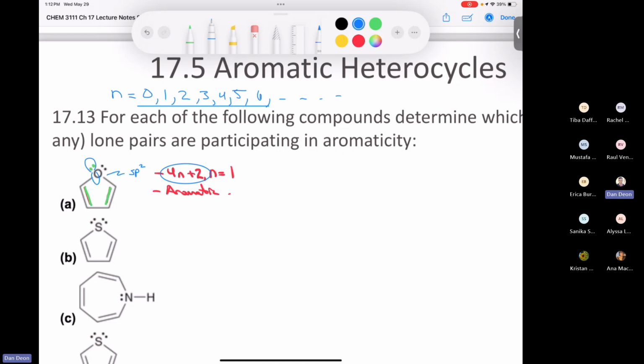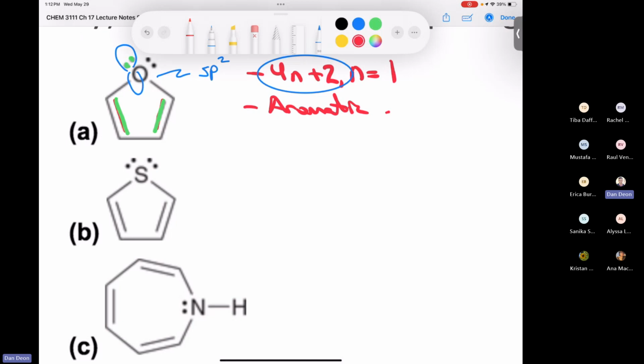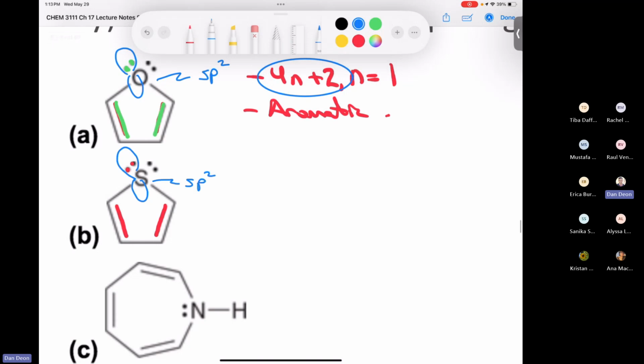Okay, so let's look at the next one. I actually went over this one with you the other day. If we look at our electrons, we have 1, 2, 3, 4. If we were to put 2 of the electrons on the sulfur, there's 2 lone pairs, but if we put one of the lone pairs in a p orbital and change the hybridization of this sulfur, which looks like it should be sp3, but if it was sp2, which would make sense because then these electrons could participate in resonance, then we would have a continuously overlapping system of p orbitals.